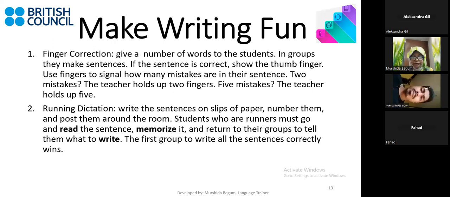One of the students will be a runner who would run up to the paper, read the sentence, and come back to the partner who will be sitting down and writing what this partner tells him. So the runner runs to the wall, reads a sentence, keeps it in the head, and comes back to tell the student who is sitting down who writes it down.